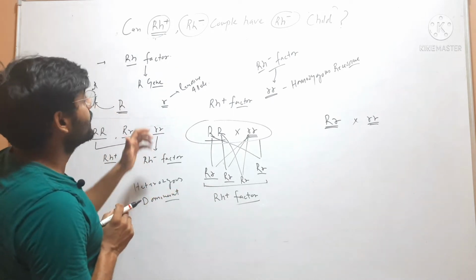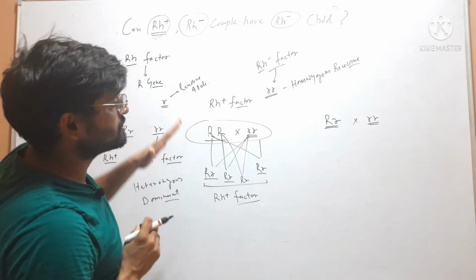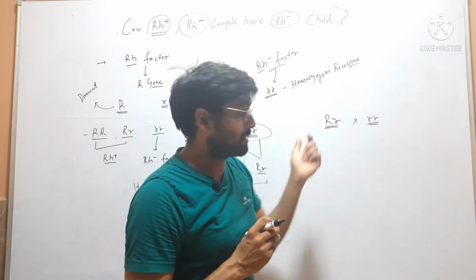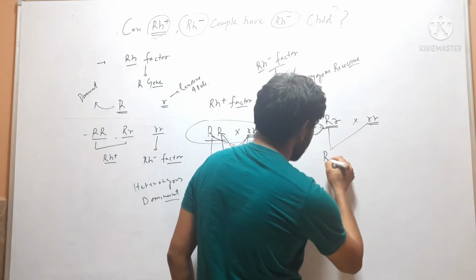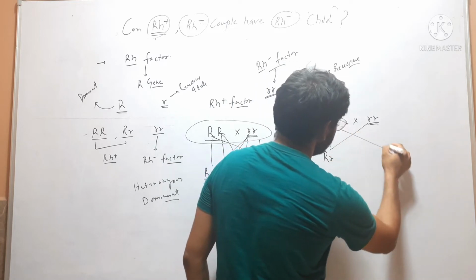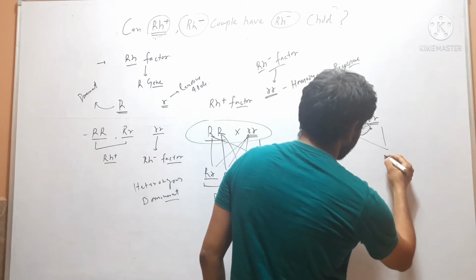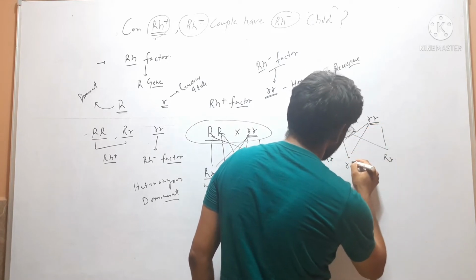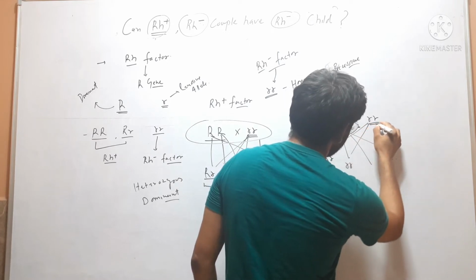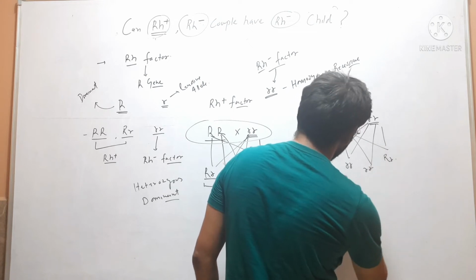But by chance if this person has genotype capital R small r, then what will be the outcome of the cross? That is capital R small r, capital R small r, small r small r, small r small r.